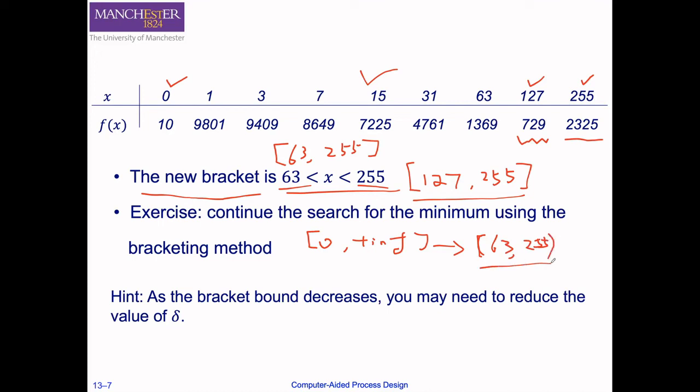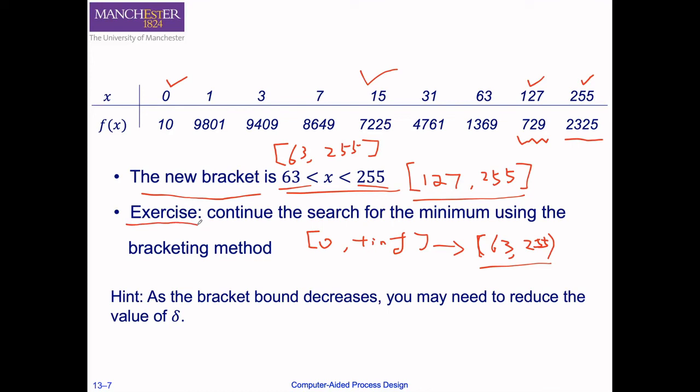In this new bracket, we can use the same general procedure and identify another reduced bracket. We keep doing the same procedure until we find the minimum of the function f(x). You can do this exercise by yourself and find the minimum.